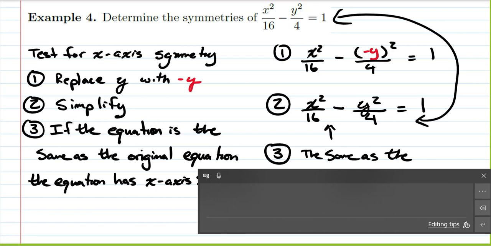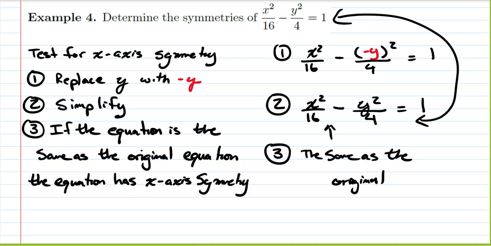So then our conclusion is it has x-axis symmetry. As a recap then, to test for x-axis symmetry, we used the fact that to have x-axis symmetry, if it contained the point (x, y), it also had to contain the point (x, negative y). So we replaced y with negative y. We simplified to see if we got back the same thing.